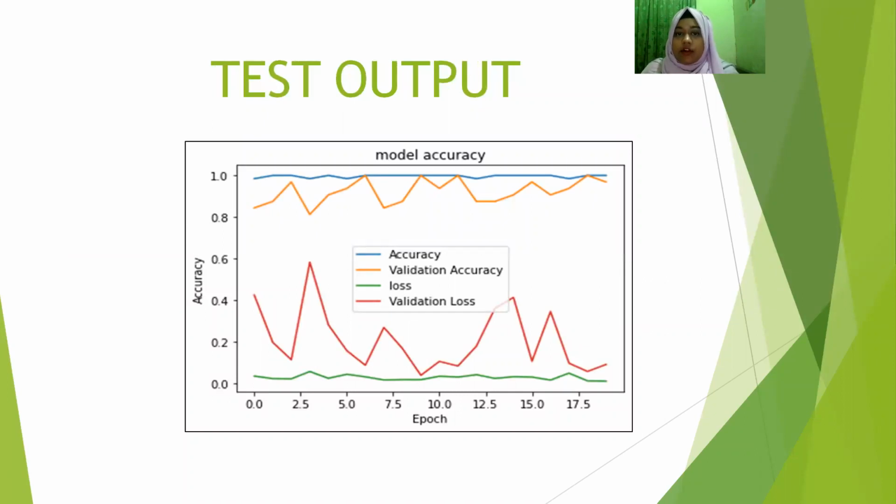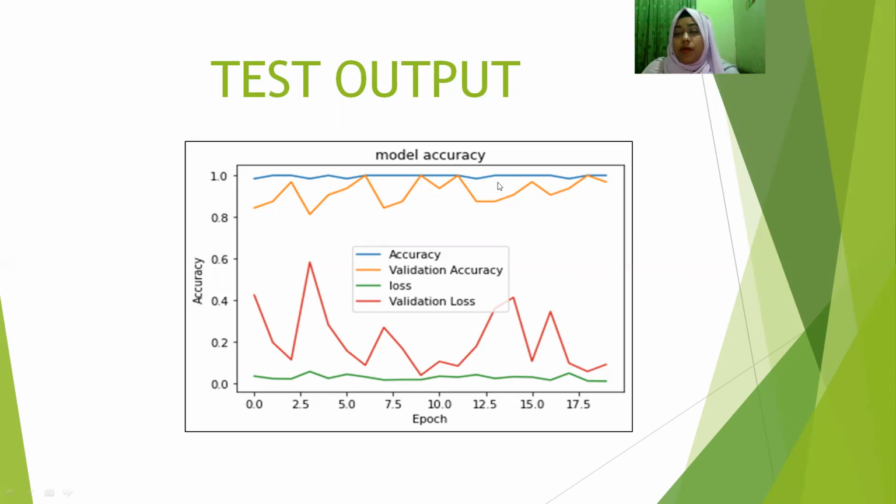The research test output from the figure: the green line shows the loss and the red line shows the validation loss. The blue line shows the accuracy, while the orange line shows the validation accuracy.